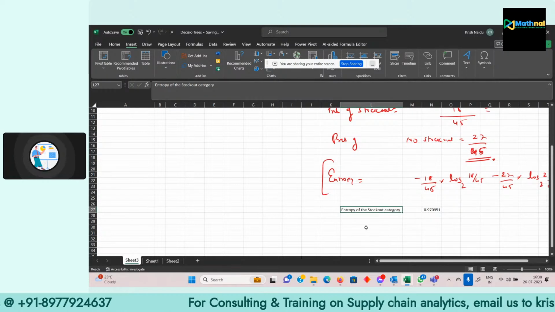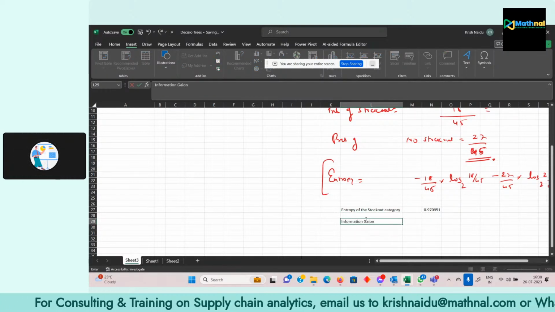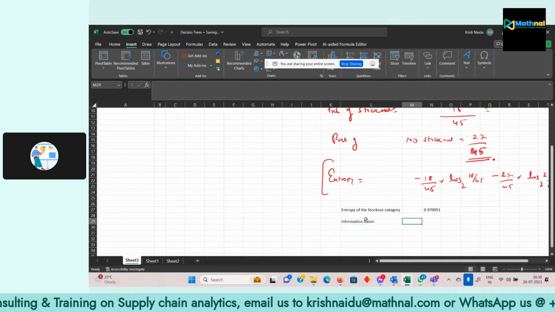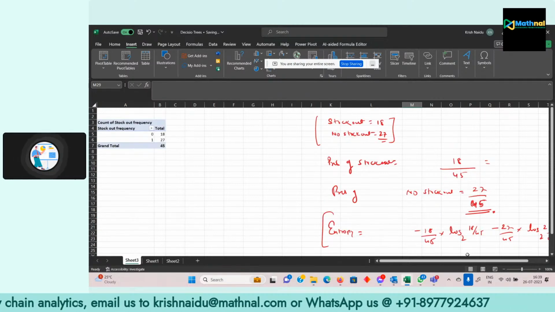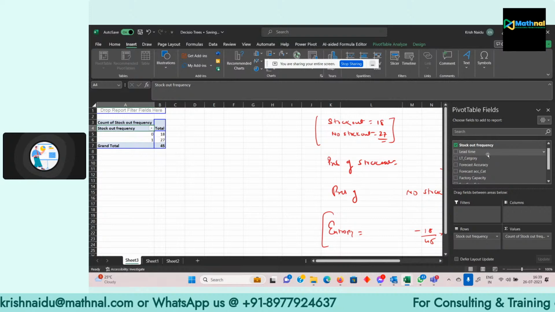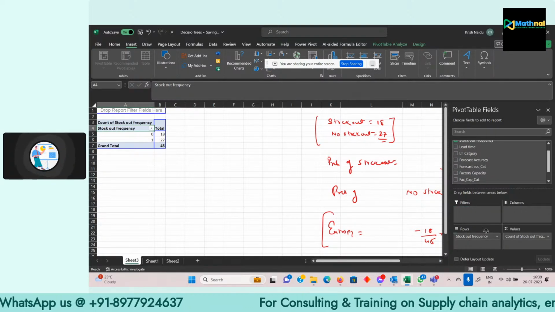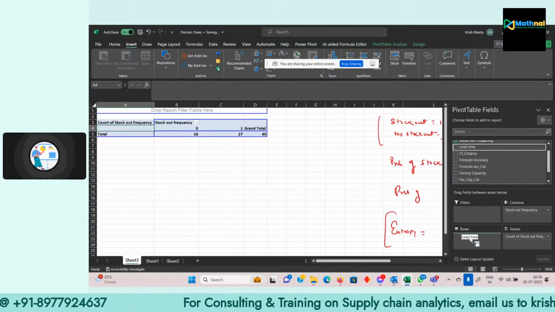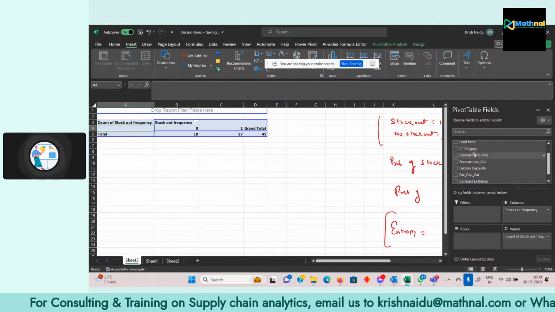So now what we have to measure is the information gain. To measure the information gain, again we go back to the pivot table, and this time I'm going to put the lead time category. I'll put the stockout category in the column and the lead time category over here.